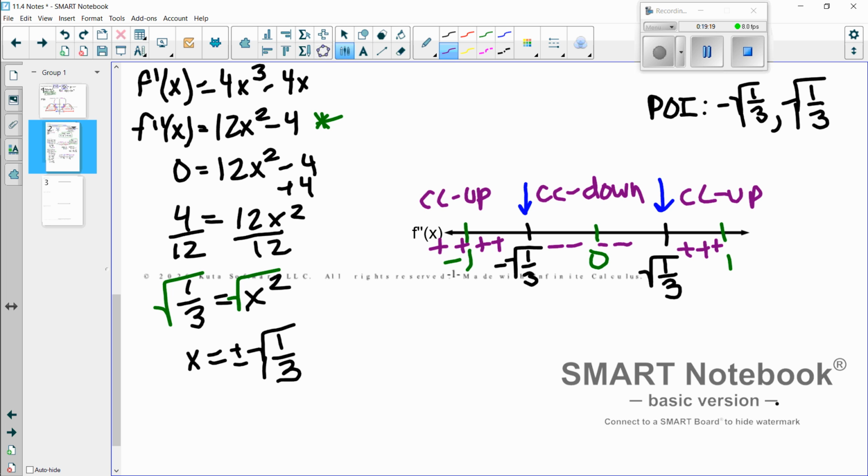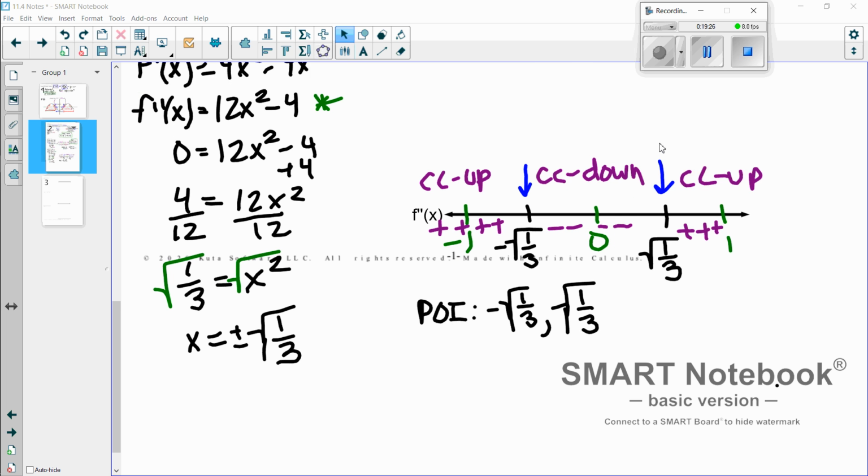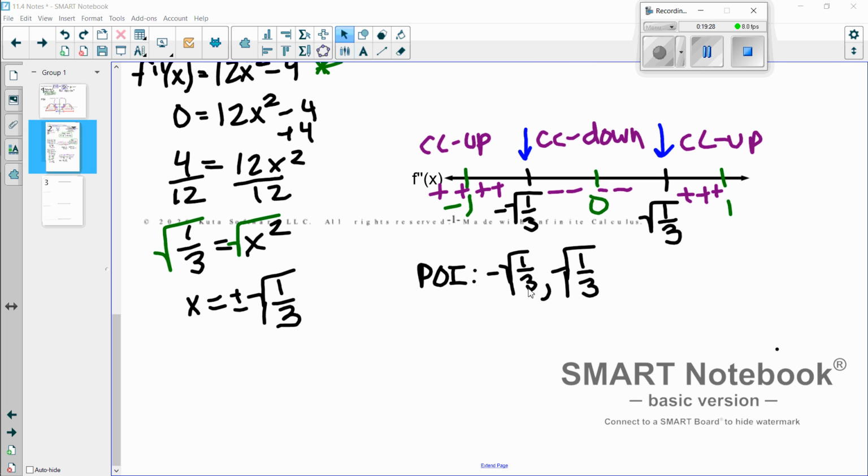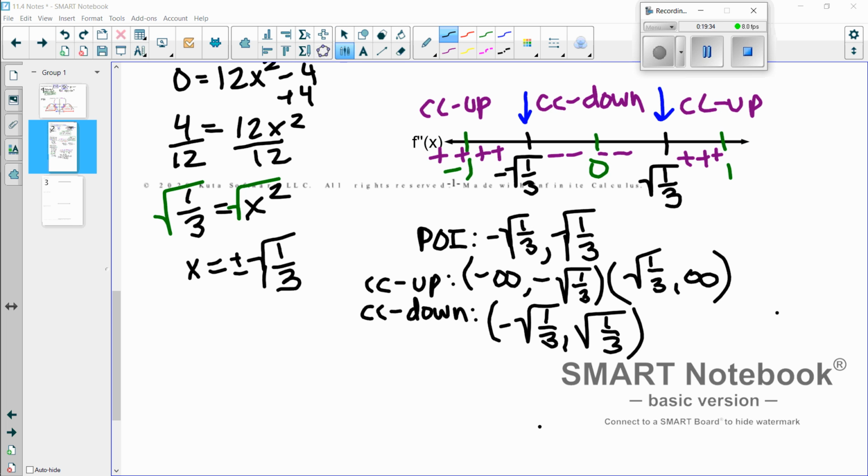Now, the last step is to write out our intervals in interval notation. I'm going to move our POI, our points of inflection, down here and write our interval notation here as well. So negative infinity, as far as we can go left, all the way to negative square root of 1/3, our inflection point, is concave up, and we determined that.